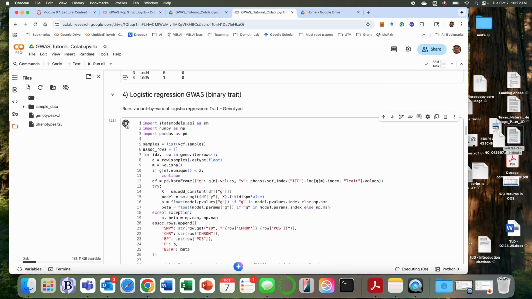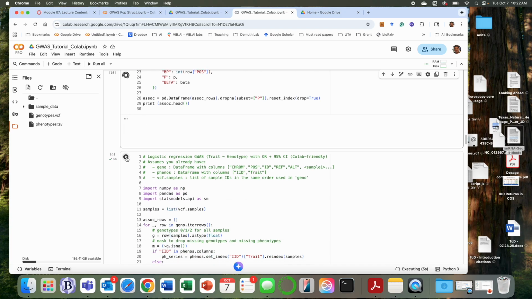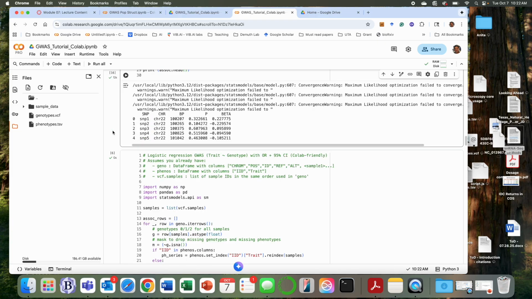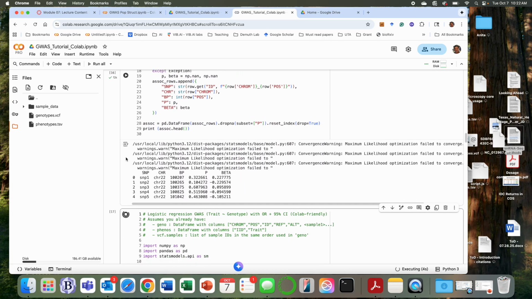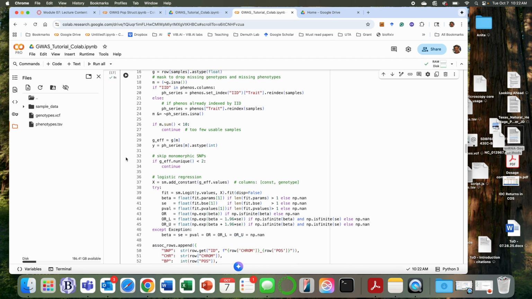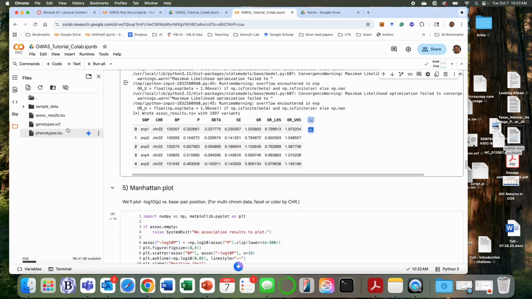So run our logistic regression. Takes it a little bit longer because there's a lot more data. This one is just generating the odds ratio output. So you should see the association results file.